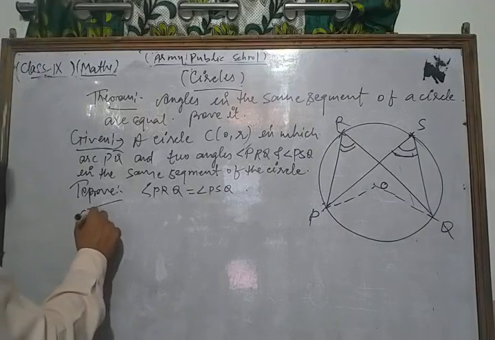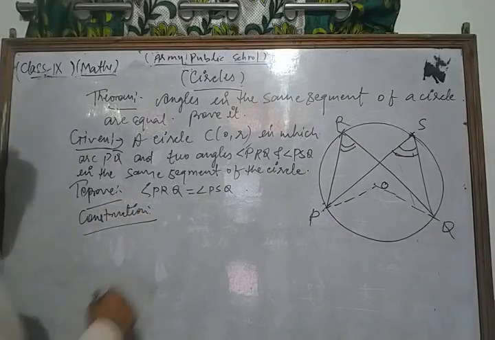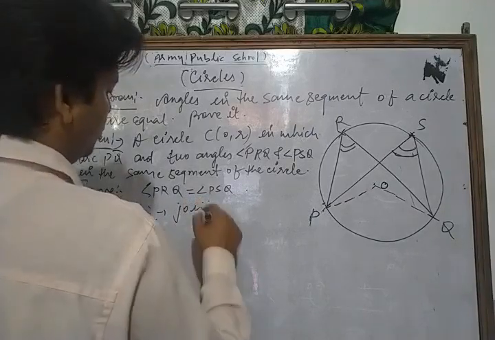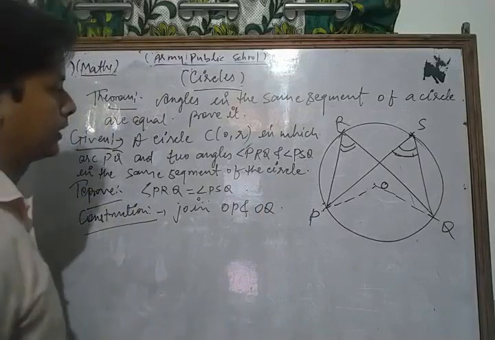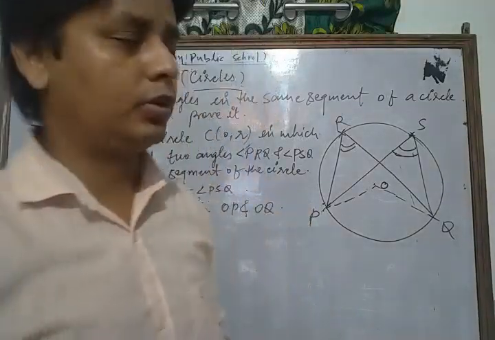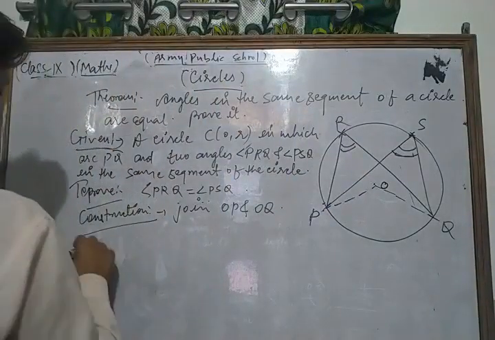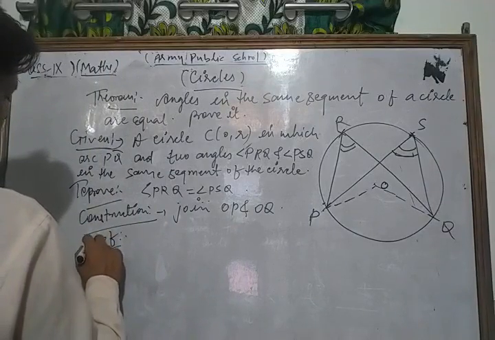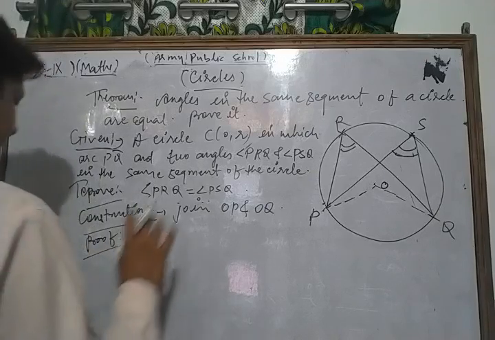Now we write the construction. In construction, we just write join OP and OQ respectively. Okay, now we write its proof. First of all we write the same concept.